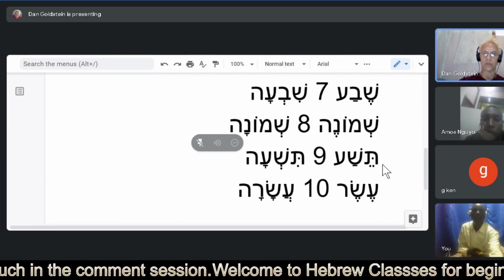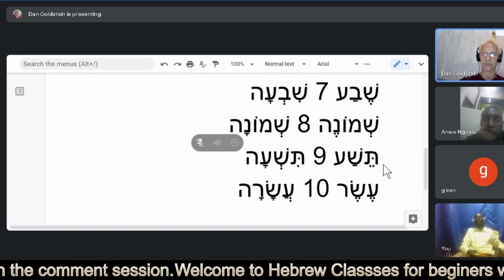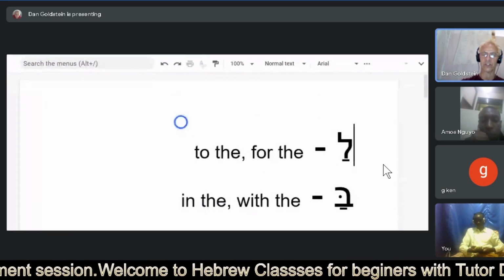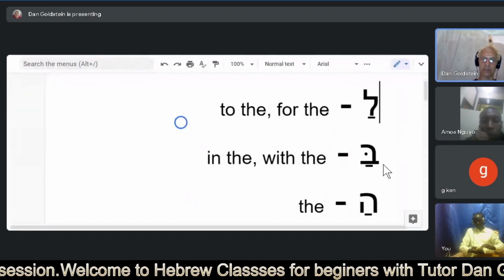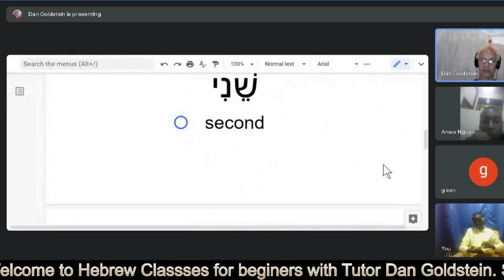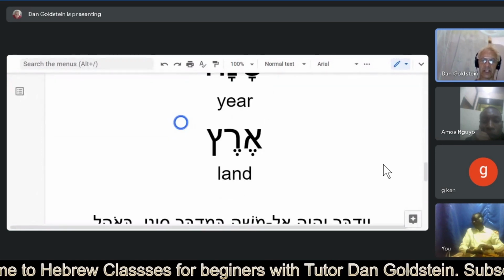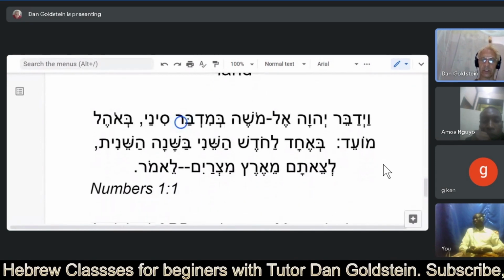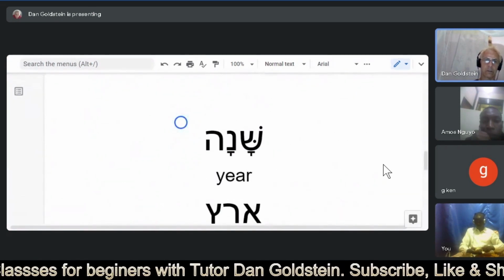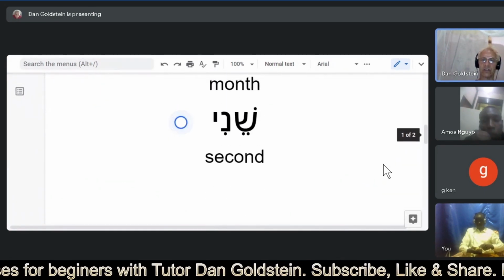I'm going to bring up 2 more sheets for us. One gives us some of the vocabulary we're going to encounter in our pronunciation of the actual Hebrew verses. Let's work this sheet first.